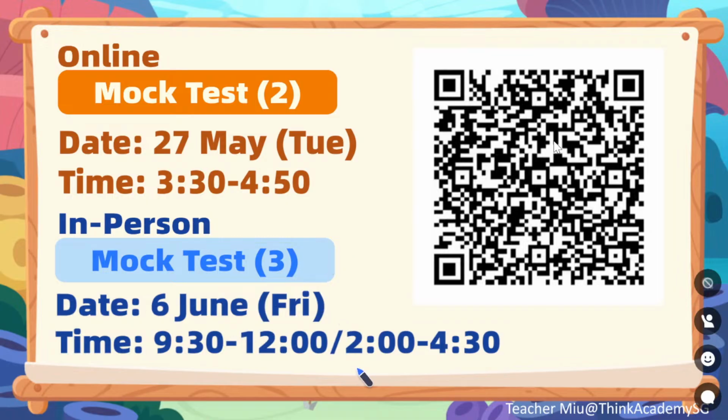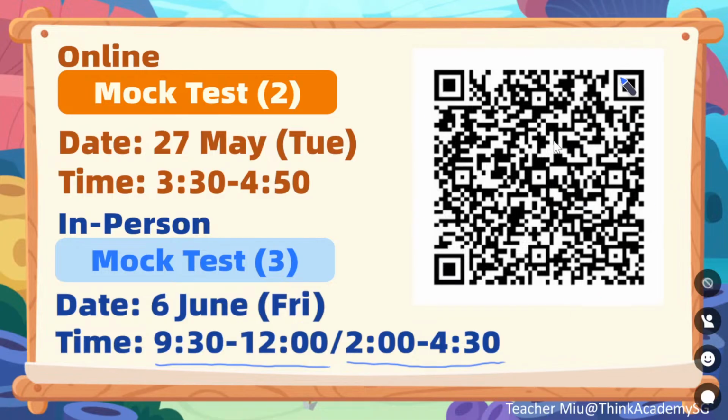We have 2 different time slots: one is 9:30 to 12, and one is 2 p.m. to 4:30. You will find that the time is a little bit longer than the exam itself. It is because after the mock test, there will be an immediate analysis as an in-person class. So if you want to join the mock test, please get the QR code, and later I will also send this page in the group.